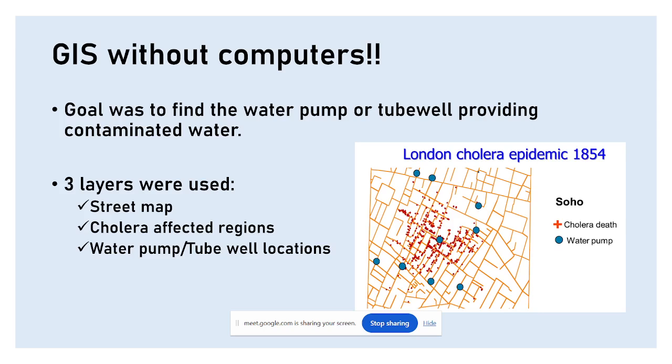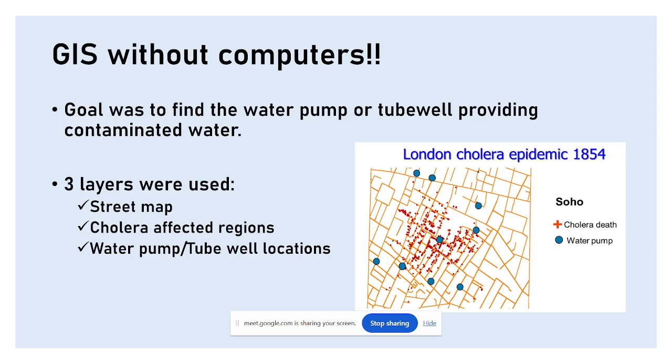If you take a look at this, this plus sign marked by red is where all the cholera deaths have taken place, and these round blue ones are where the water pumps are. So if you're just staying in that place and you have a number of water pumps or tube wells, you don't know exactly which tube well is causing the problem.